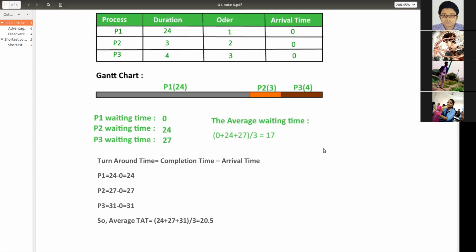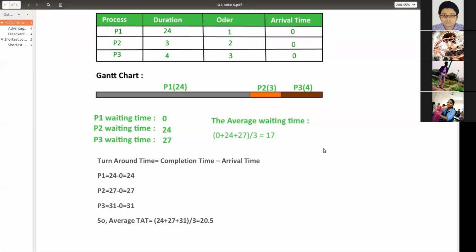In the same way, the turnaround time for P2 will be 27, because P2 has finished at time unit 27: up to 24 P1 has run, then P2's burst time was 3, so it runs up to 27. So 27 minus 0 is again 27.